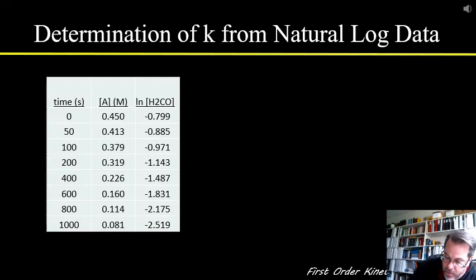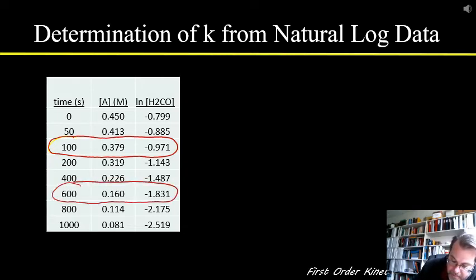And to do that, all we have to do is just pick any two data points for no particular reason. I'm going to pick this one here at 100 and this one here at 600. And I'll call this point number 1, and I'll call this point number 2. Okay. So we can also calculate the slope by looking at this.